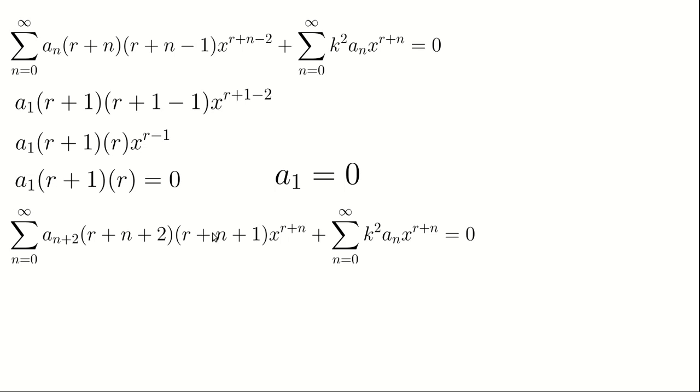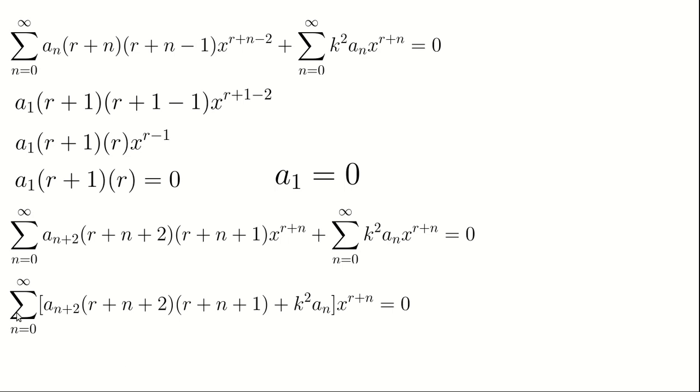So we can simplify this by factorizing x^(r+n) out and taking one summation. That gives us one summation with all this having k squared a_n x^r. So this shows that everything here should be equal to 0, because this summation takes care of this, and then we have this one left.